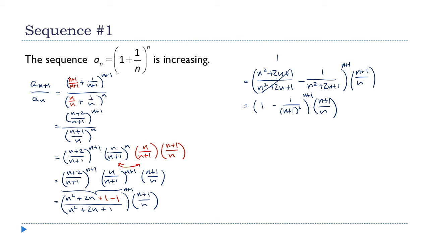Now, refer back to Bernoulli's inequality, because this expression here, the minus 1 over (n+1) squared, that's between negative 1 and 0 whenever n is a positive integer. So that's going to be the a in Bernoulli's inequality.